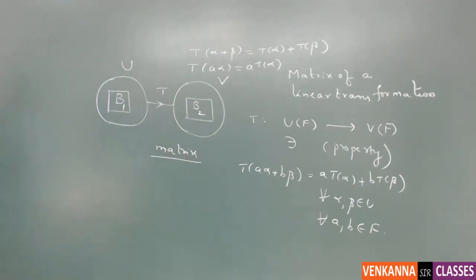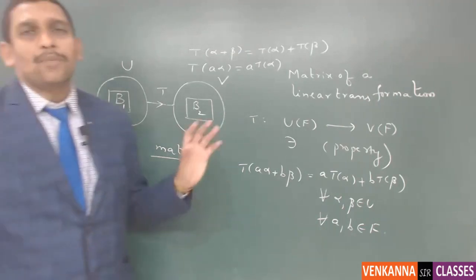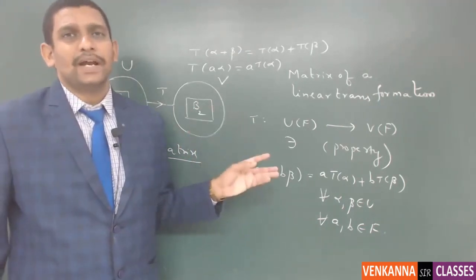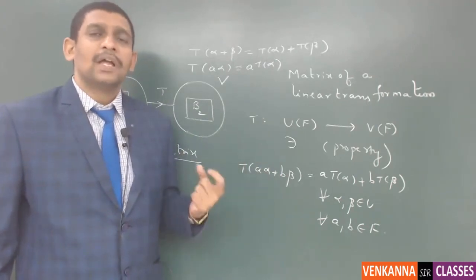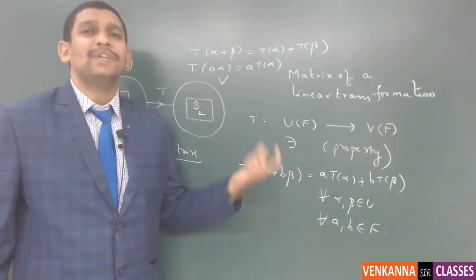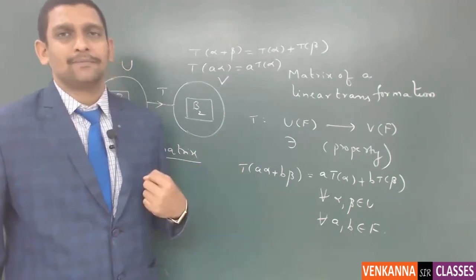In other words, the bases B1 and B2 together constitute a matrix for the function T. That matrix we are calling the matrix of a linear transformation. The advantage of this is whatever properties are satisfied by the transformation T, the same properties will be satisfied by the matrix.